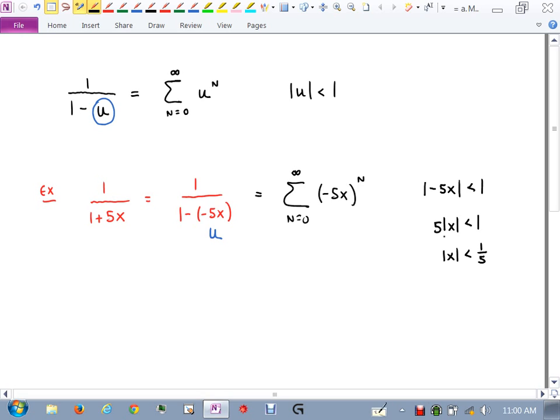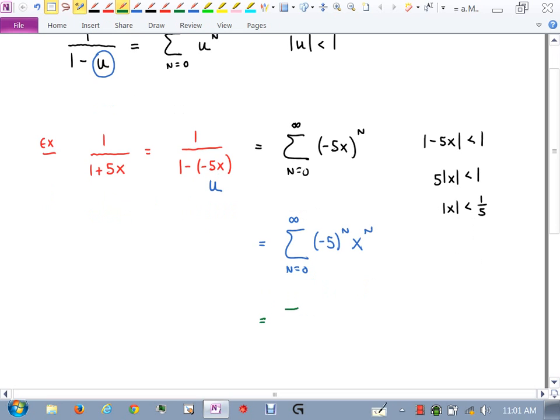Yes? And then we could, if we wanted to, rewrite this as negative 5 to the n x to the n. We usually do this because the general definition of a power series looks like this: summation n equals 0 to infinity of c sub n x to the n. That's what a power series looks like. When I first said what's a power series, this is what I put up on the board.